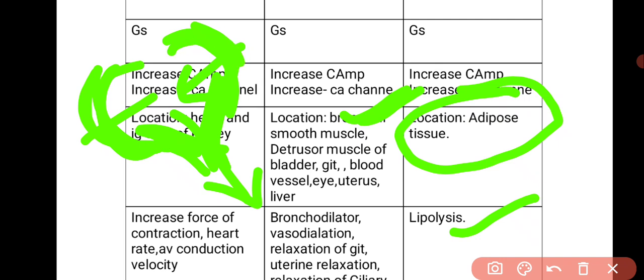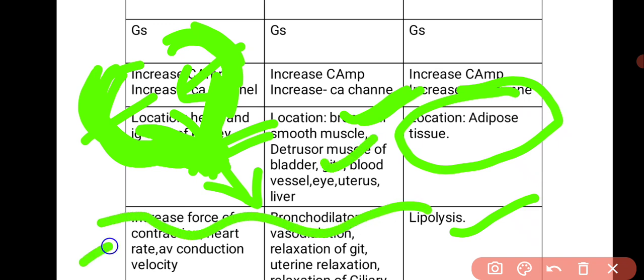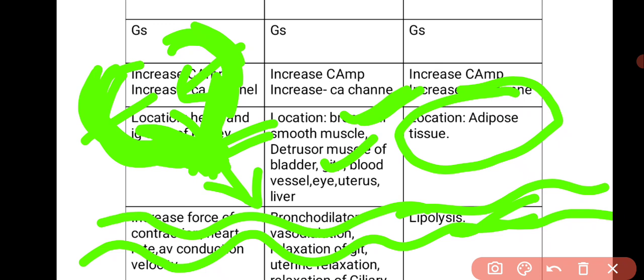So they cause the relaxation of the detrusor muscle and compression of the trigone muscle. On the trigone muscle alpha 1 receptors are present, on the detrusor muscle beta 2 receptors are present. Also on the GIT, they cause relaxation of the GIT and cause constipation.